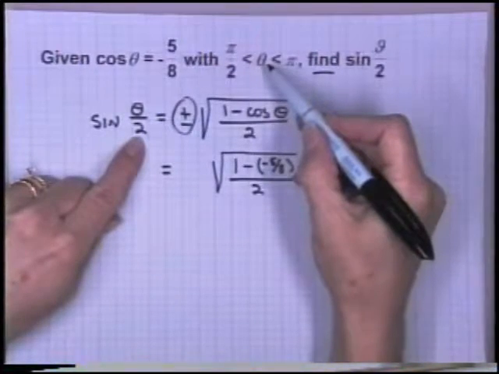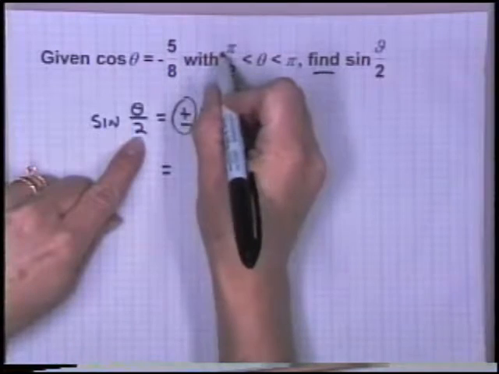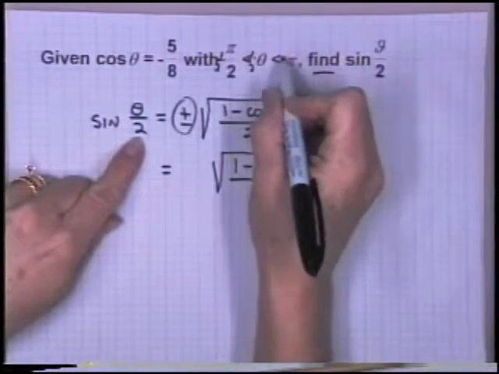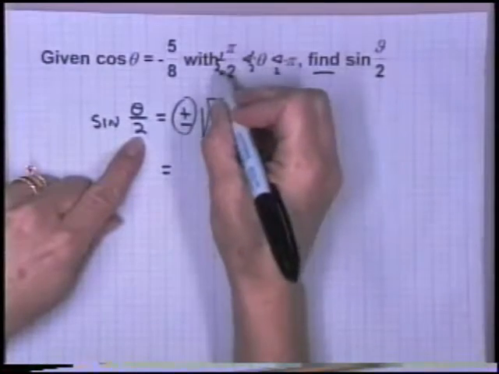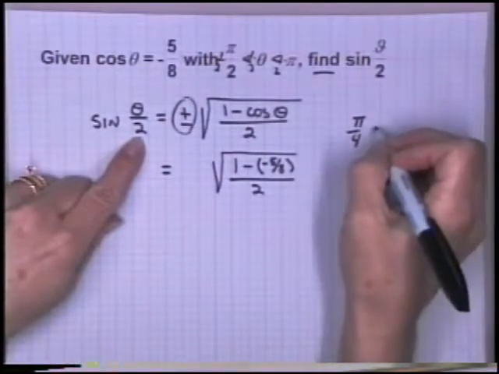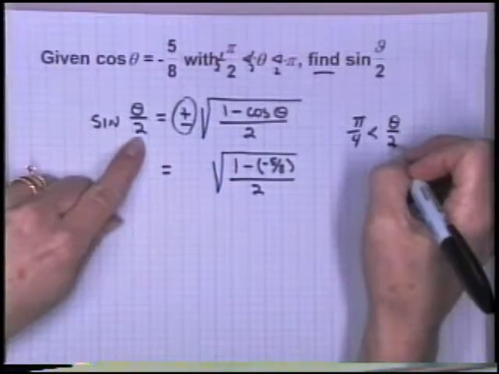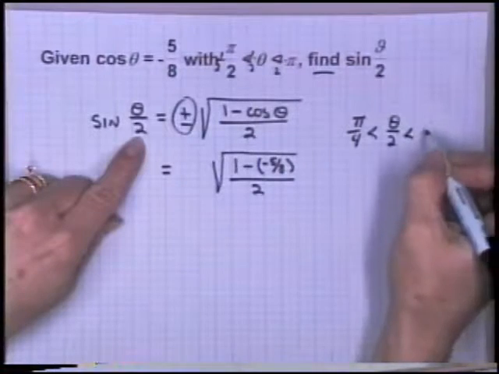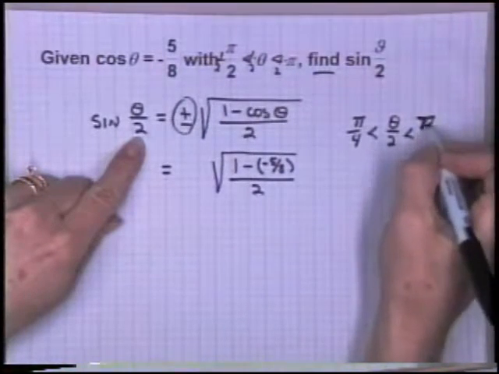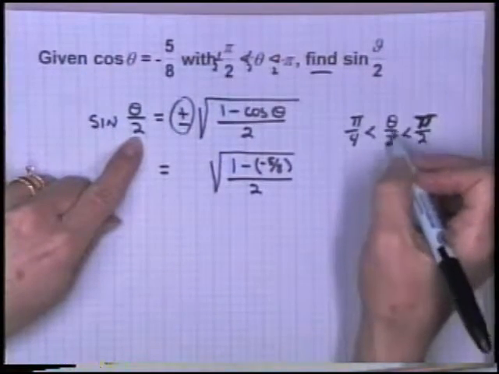Here, we're given theta. What I want you to see is with this inequality, if you multiply each part of this inequality by 1/2, 1/2 times pi over 2 is pi over 4, less than 1/2 times theta is theta over 2, less than 1/2 times pi is pi over 2.